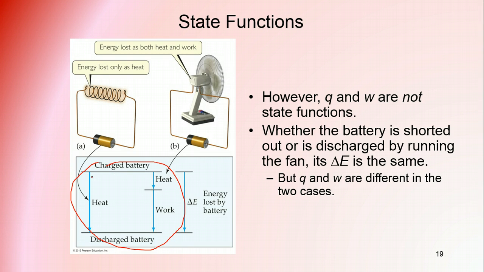In one case, we're just losing all of the energy as heat through the resistance coil, versus the battery being expended by doing work and also giving off some heat. The total energy lost is the same no matter what, and that's why delta E is a state function. But again, heat and work are not state functions.